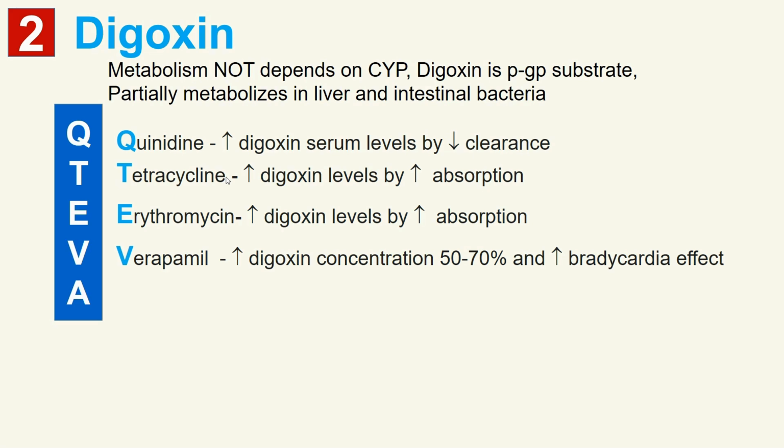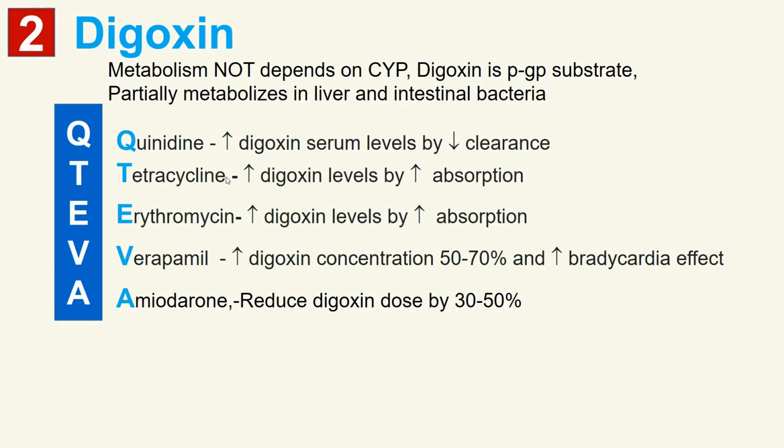Additionally, both digoxin and verapamil cause bradycardia, meaning they decrease the heart rate. Combined, they can cause severe bradycardia. An often tested question is about amiodarone.